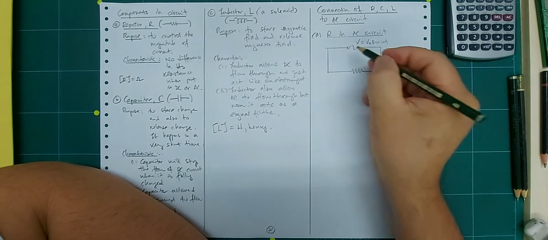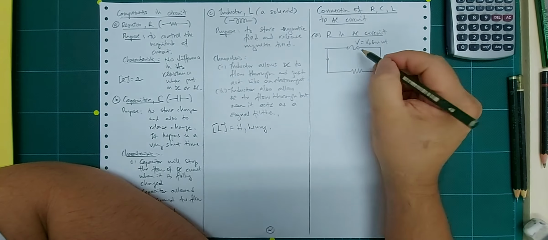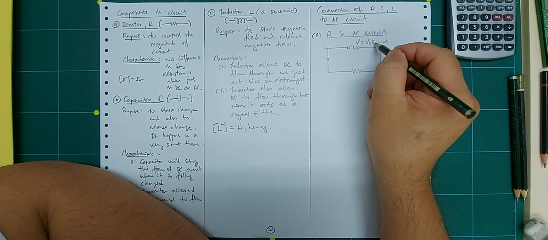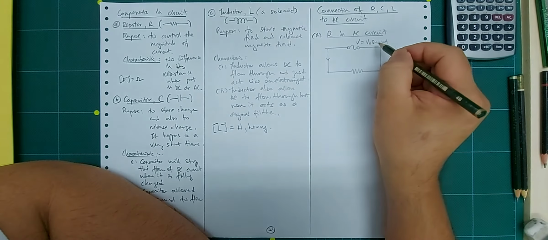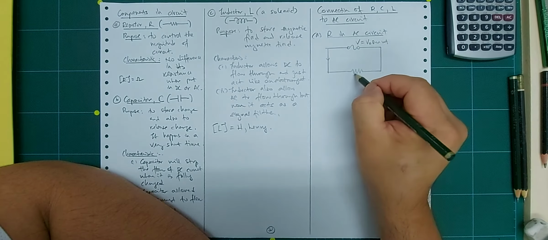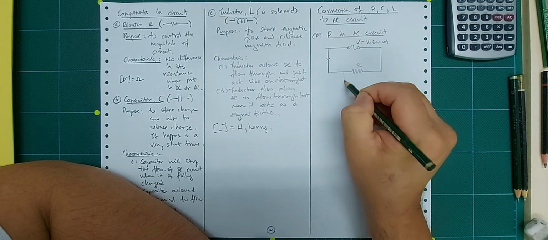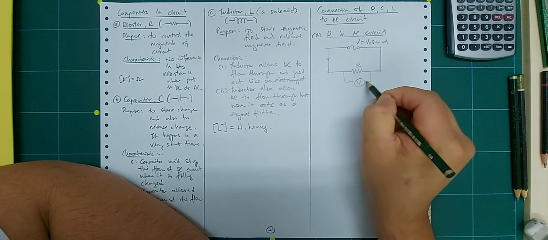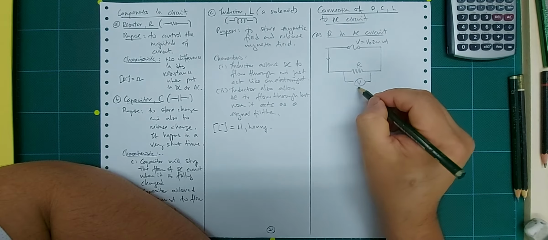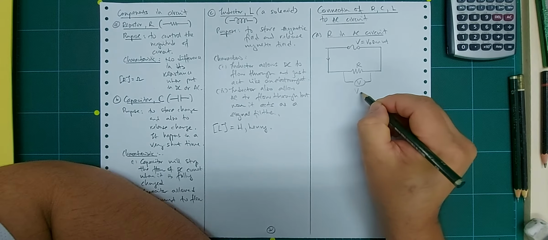And the current here is also changing according to this. If you connect a voltmeter across the resistor, you can actually measure that the voltage across it is equal to IR.